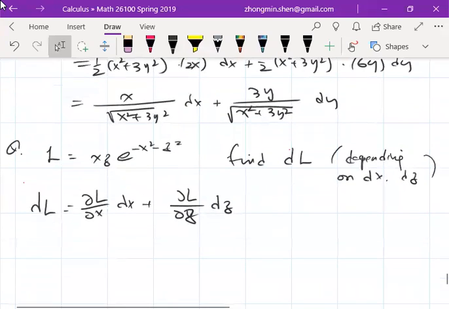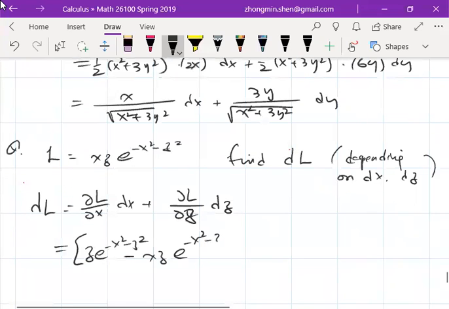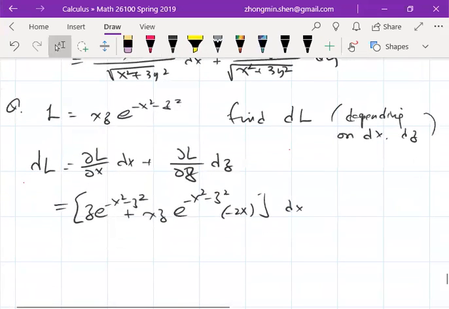Then you differentiate L with respect to x by the product rule: z e to the negative x squared minus z squared, plus x z e to the negative x squared minus z squared times negative 2x, that's dx. You have to simplify a little bit.